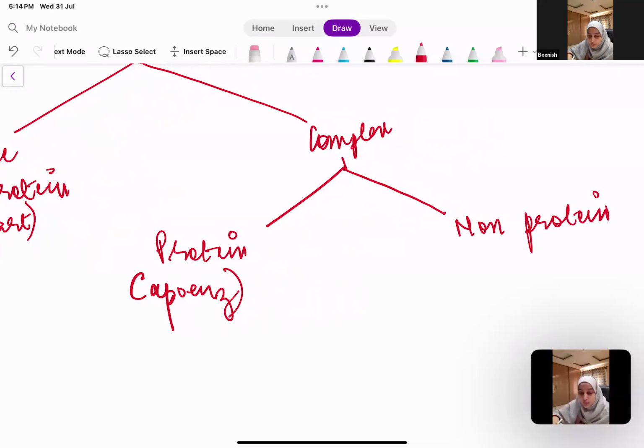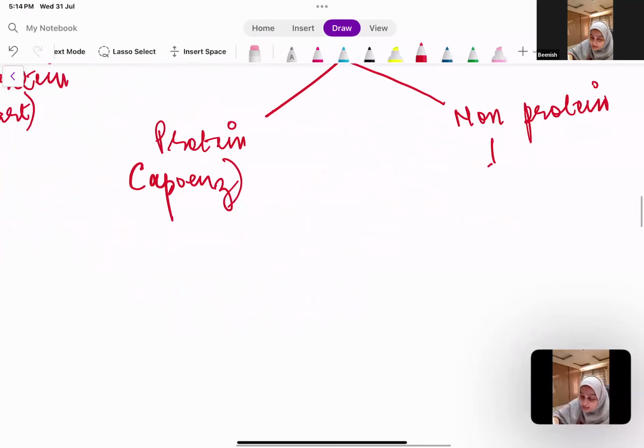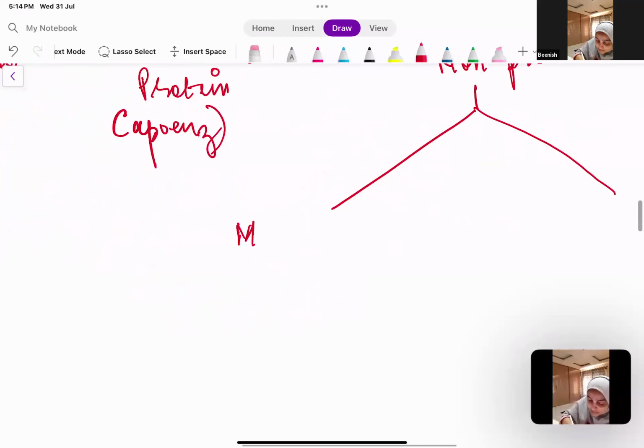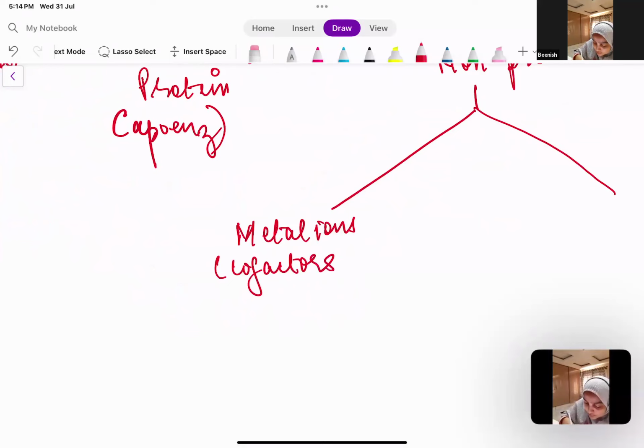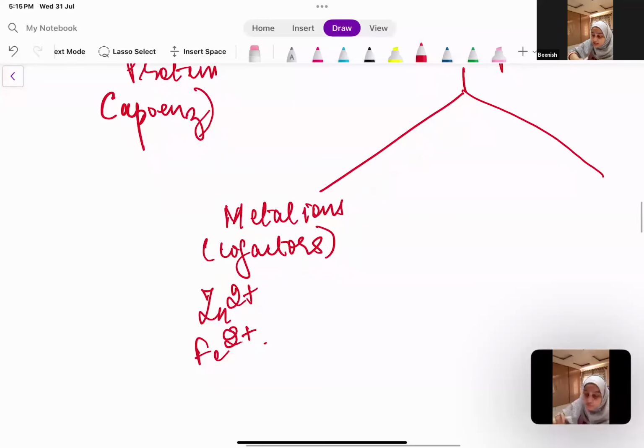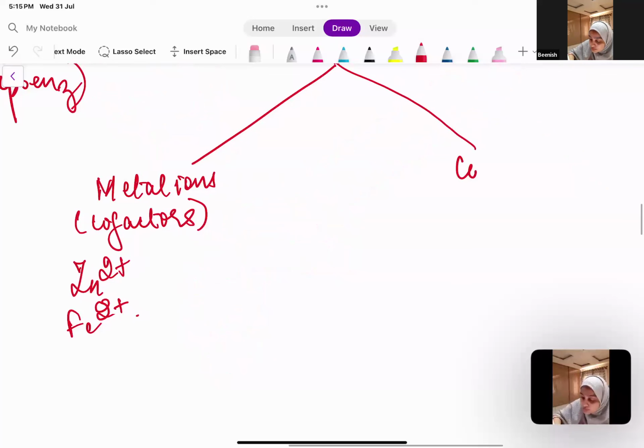Now, this non-protein part can either be metal ions, that is cofactors, such as zinc and iron, or it can be coenzymes. What are coenzymes?